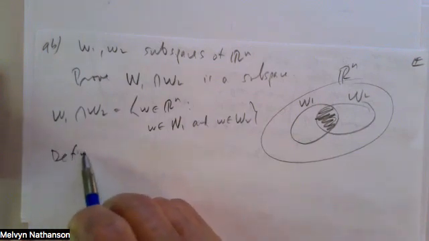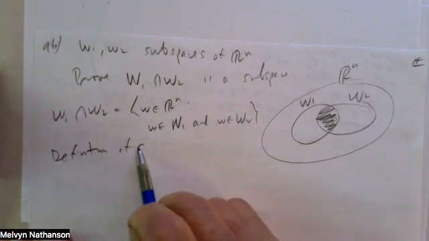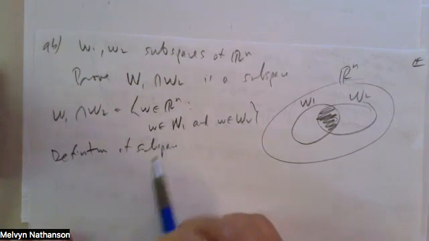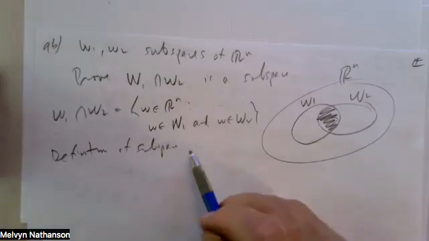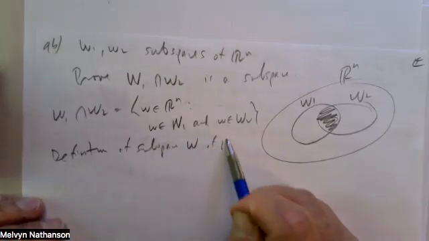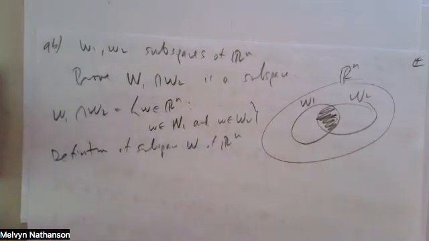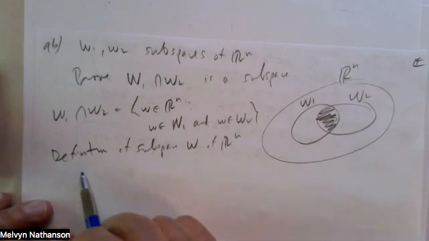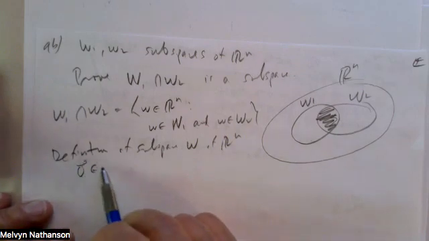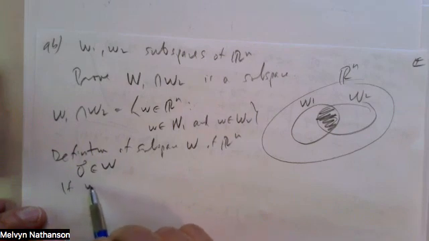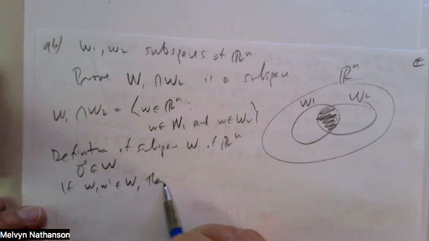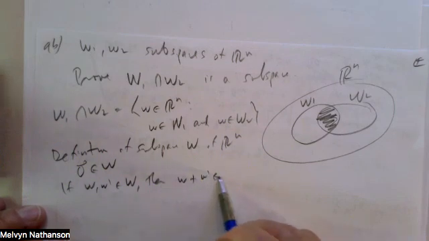So you have to know the definition of a subspace. A subspace W of Rn has to satisfy the following three properties. First, the zero vector is in the subspace. If W and W prime are in the subspace, then the sum is in the subspace.